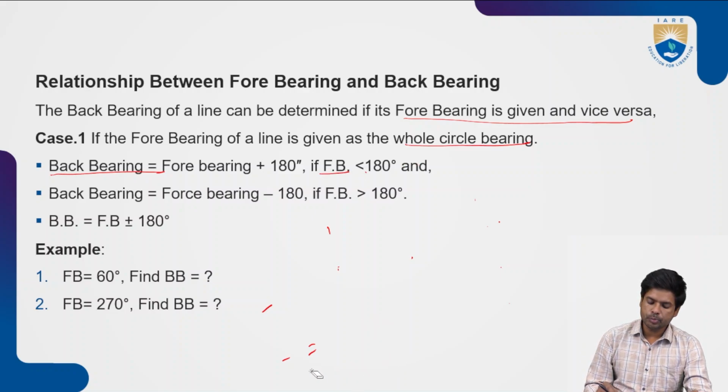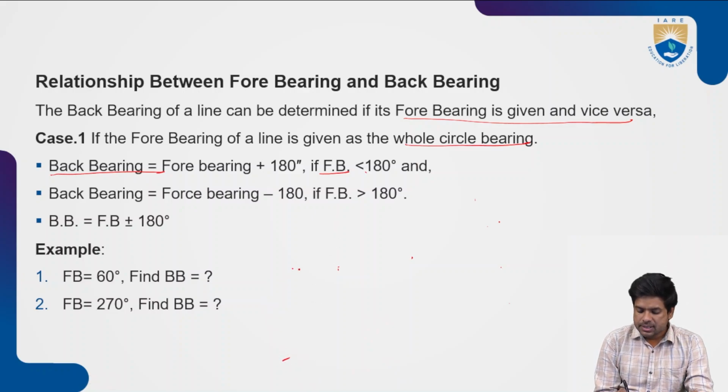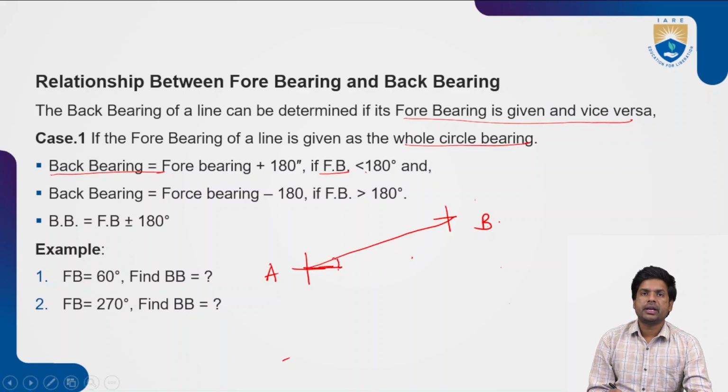So if the fore bearing is less than 180 degrees, that means, see, this is station A and this is station B. Now join this. Now if you see the angle made by this particular line of sight with the line, how much is it? It is almost 60, less than 60 degrees.